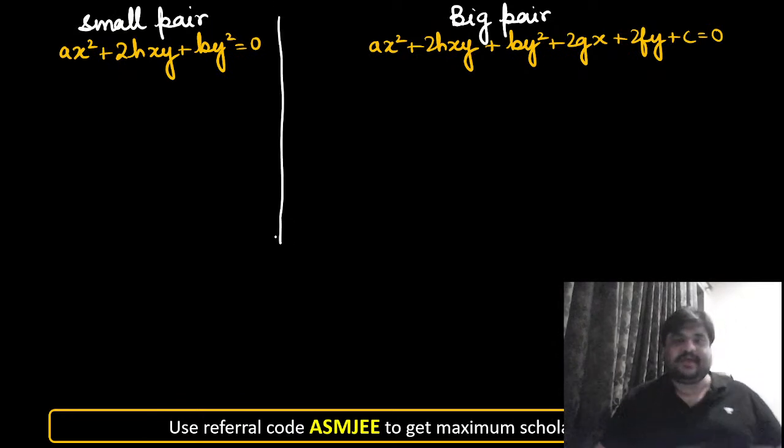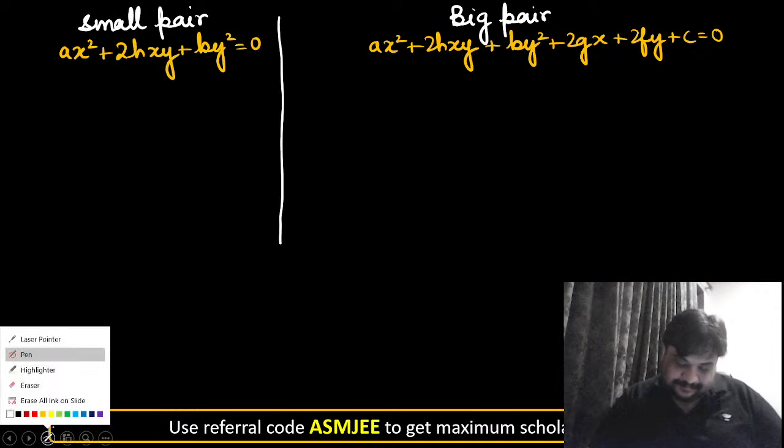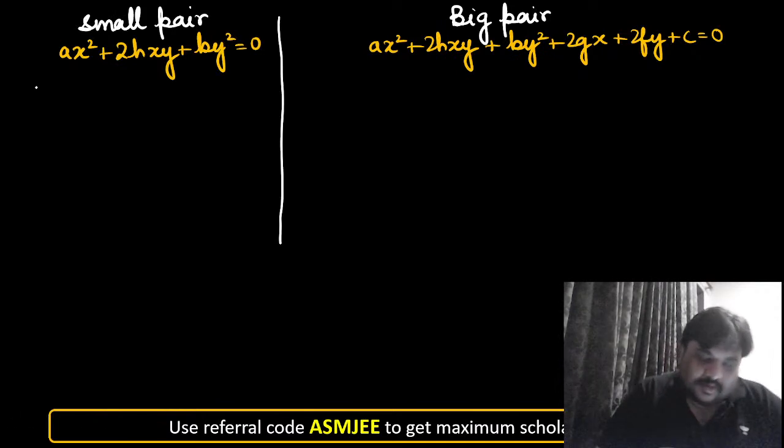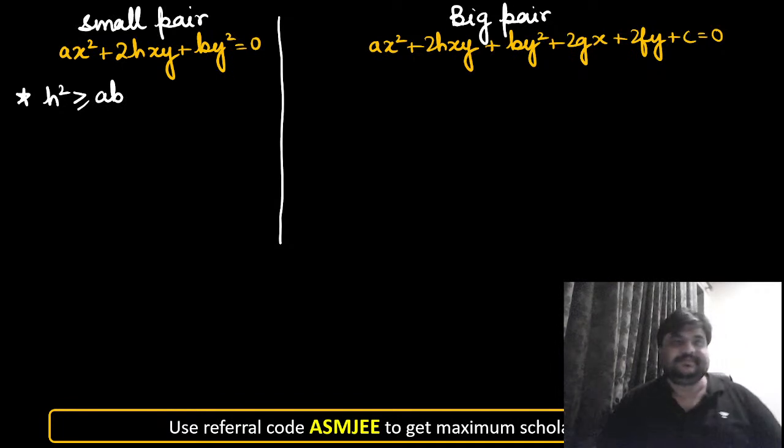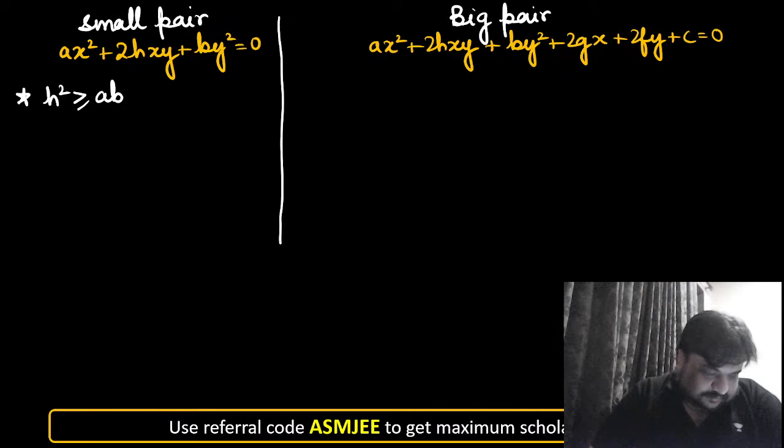Now see what happens when h square is greater than or equal to AB. We get real lines. Do you remember?